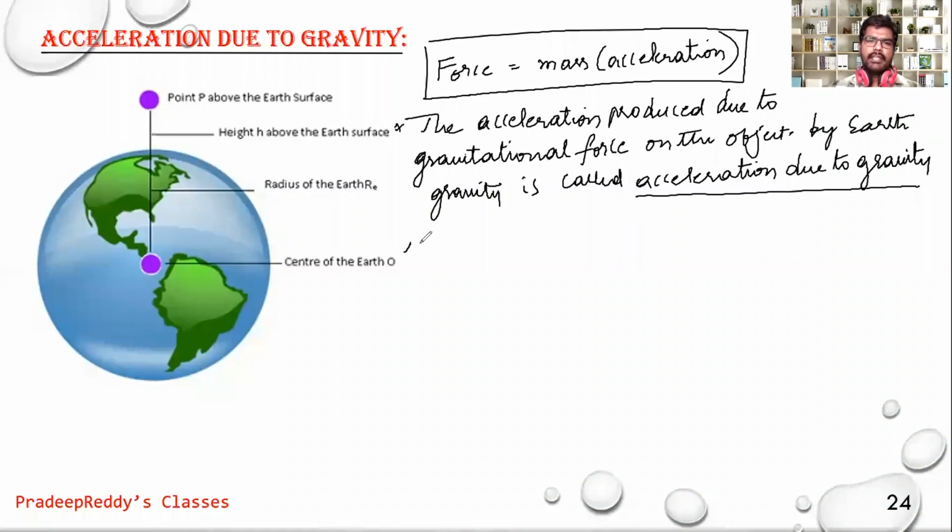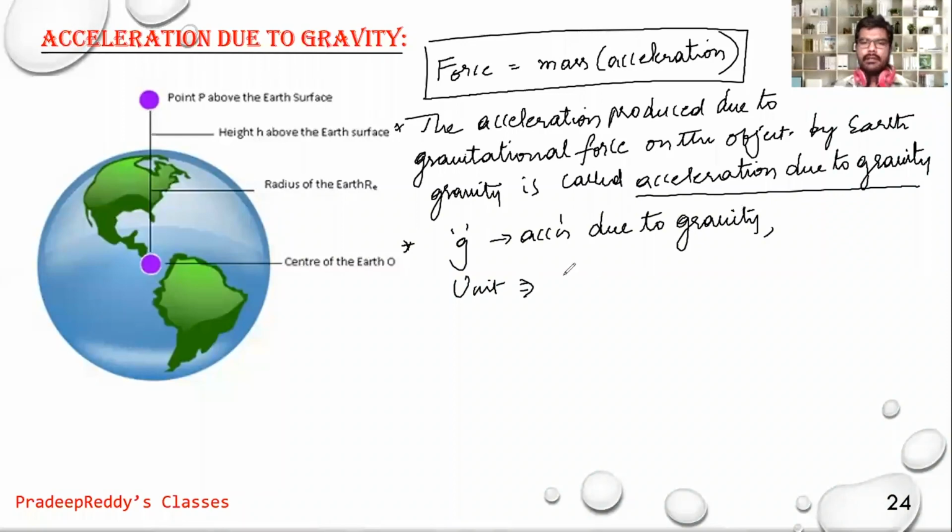Acceleration due to gravity is denoted with g. The unit of acceleration due to gravity is meter per second square, which is equal to the unit of acceleration. This is in the SI system, and centimeter per second square in the CGS system.